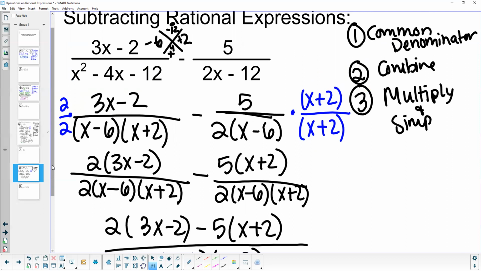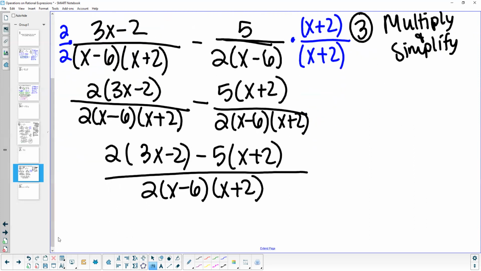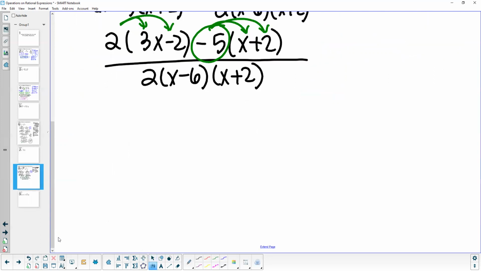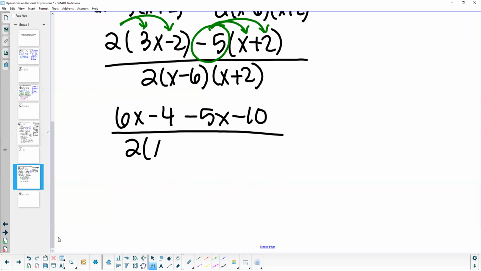And what that multiply and simplify step means is that's where we do the distributive property and then combine like terms. So I'm going to distribute both of these things here, and I'm going to distribute that negative with that 5 as we use the distributive property. So we distribute it and we get 6x minus 4 minus 5x minus 10 all over 2 times x minus 6 times x plus 2.